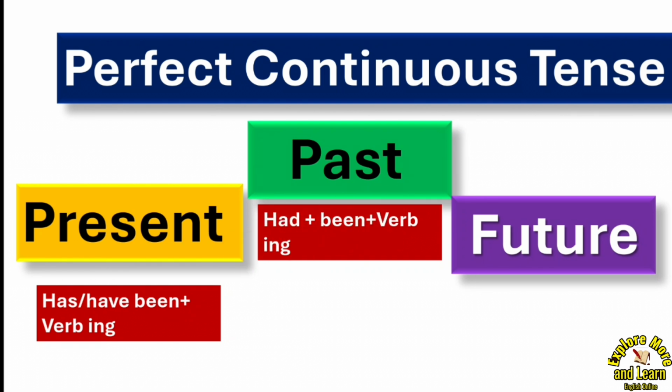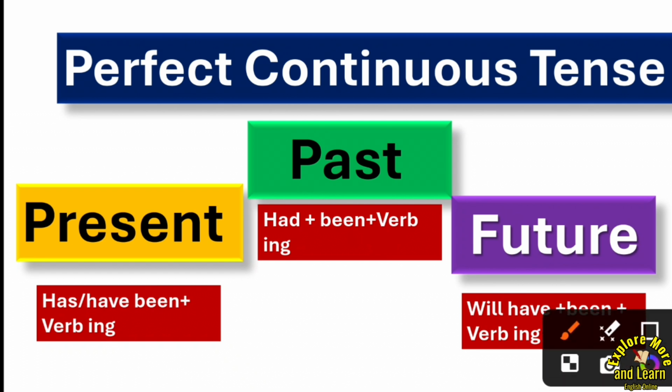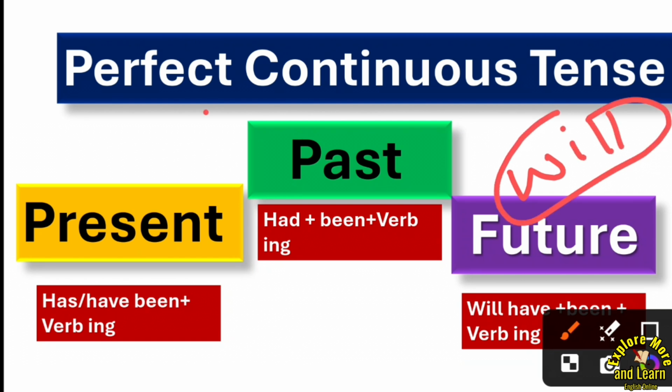In the same way, if it is future perfect continuous tense, then we use will have. Why is it so? I'll tell you just now. As it is future perfect continuous tense, so in future, what do you use? Otherwise, like simple future, we use will. And because it is future perfect continuous tense, what will you do?